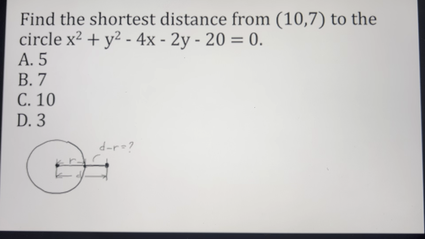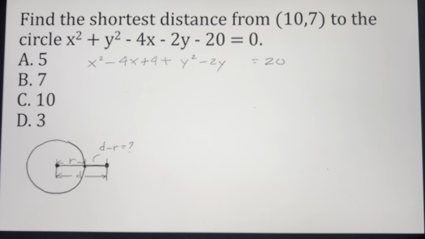So we need to find the distance between the 2 points and the radius of our circle. To find the radius, let's perform completing the square. X squared minus 4x plus y squared minus 2y equals positive 20. Negative 4 divided by 2 is negative 2 squared, that's positive 4.